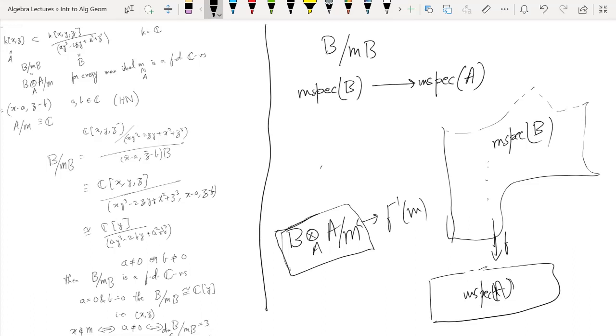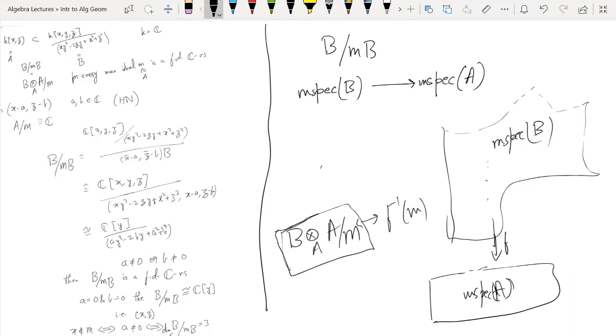On the locus where x is 0, away from z equals 0, you'll get a bijection between M spec B and M spec A. But if both x and z are 0, then there is no condition on M spec B. So y could be anything, and still it lies in this surface.